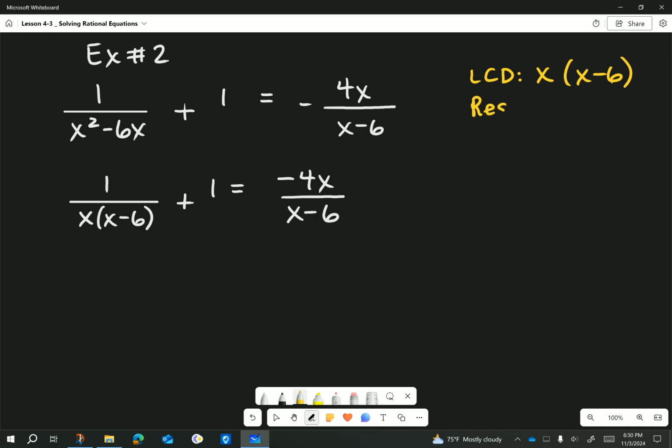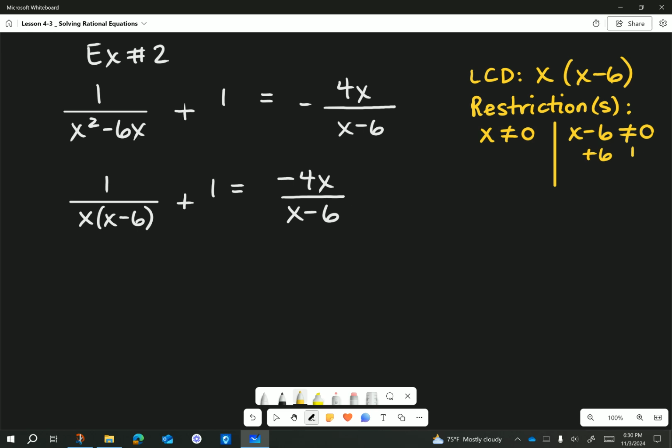So to find those restrictions, I am going to take each one of the factors that I found. In the previous example, we only had 1, but here we have 2 factors, okay? So I'm just going to put a little dividing line here. My x, I need to set it not equal to 0, and my other factor, x minus 6, I'm going to set it not equal to 0. Well, x not equal to 0, I can't do anything more with it.